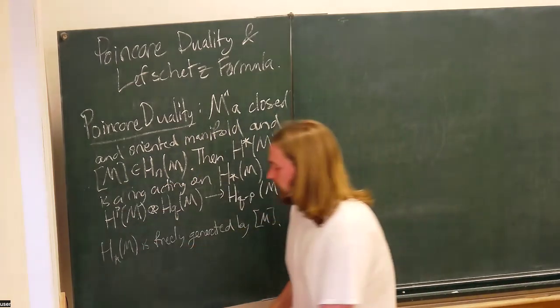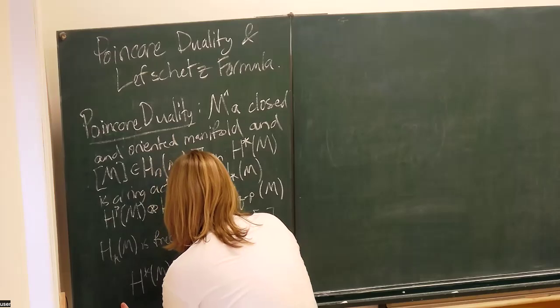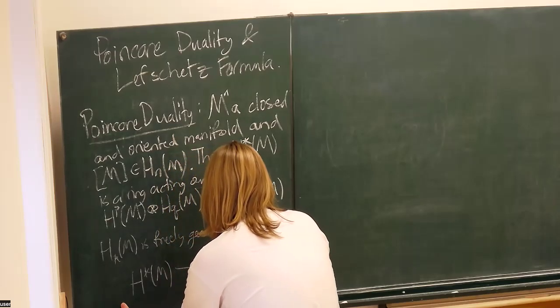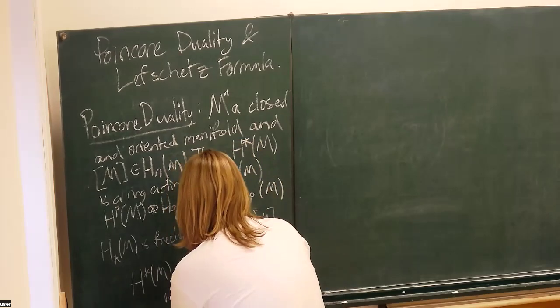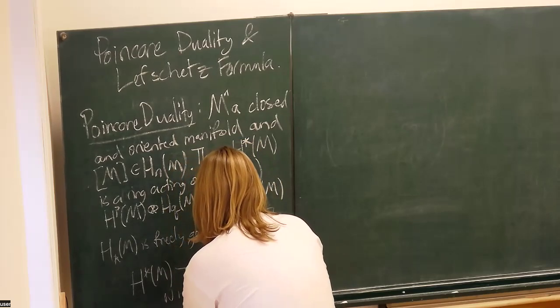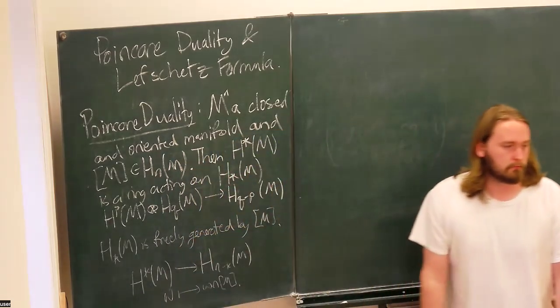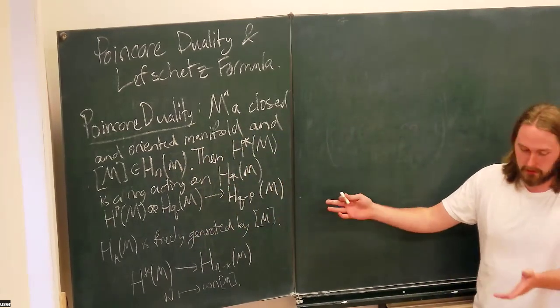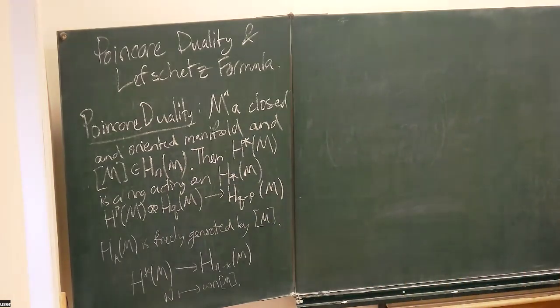So, in particular, H star of M goes to H n minus star. I take the cocycle and you pair it with your fundamental class. So this is an isomorphism, and this is going to be quite useful for everything you do in geometry and topology.